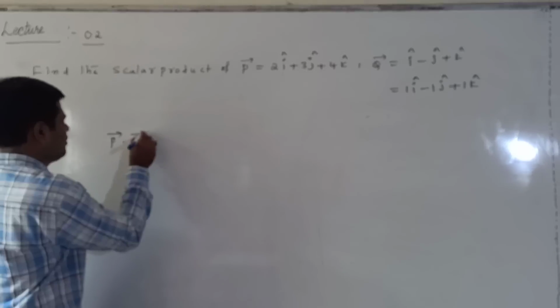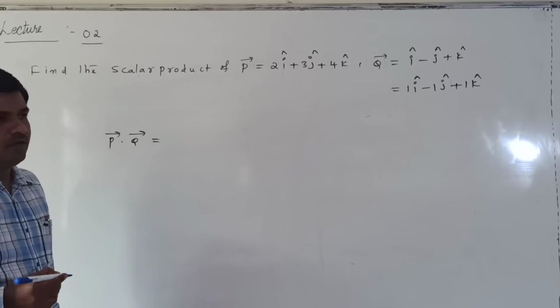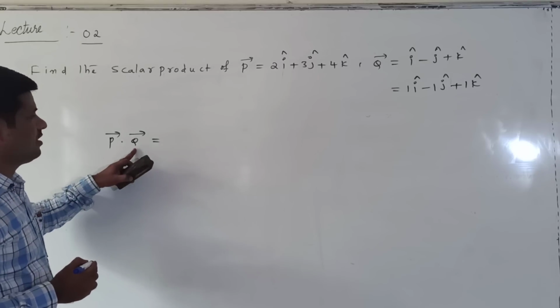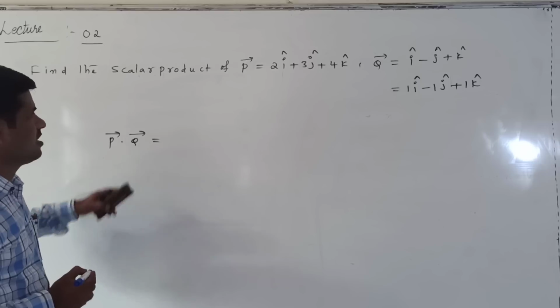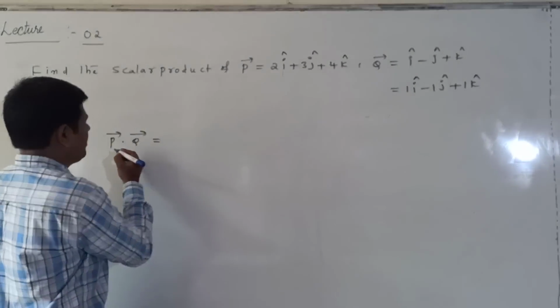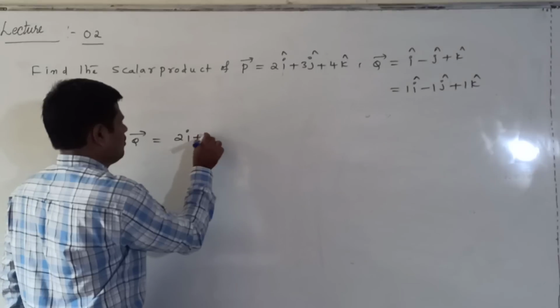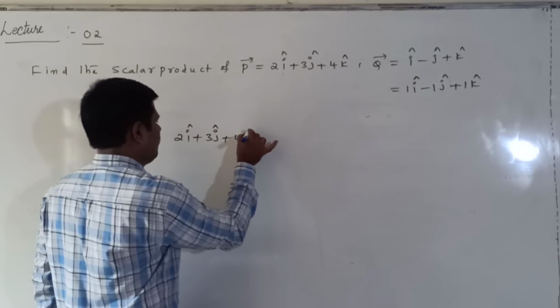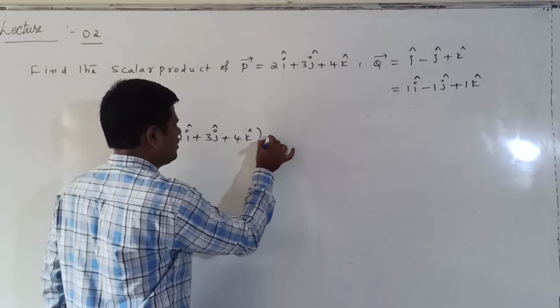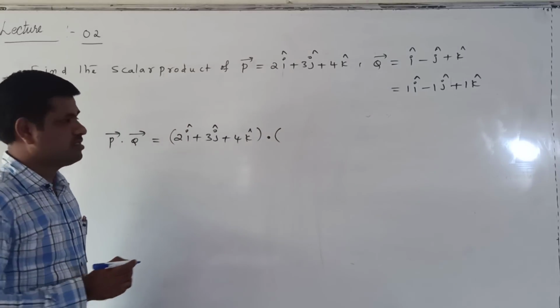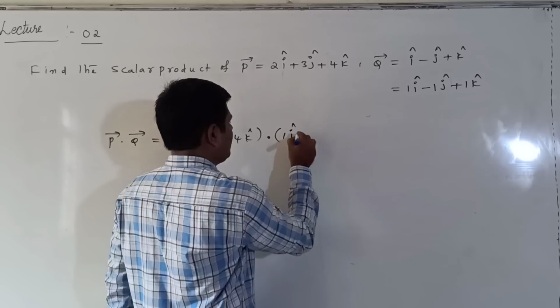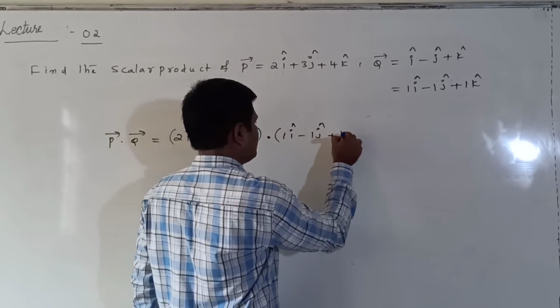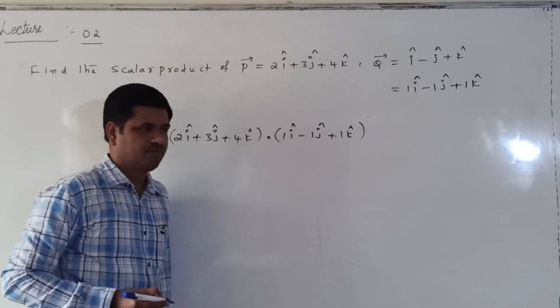Here p bar dot q bar is equal to, first of all, how do we find the dot product? Here we write 2i cap plus 3j cap plus 4k cap dot 1i cap minus 1j cap plus 1k cap.